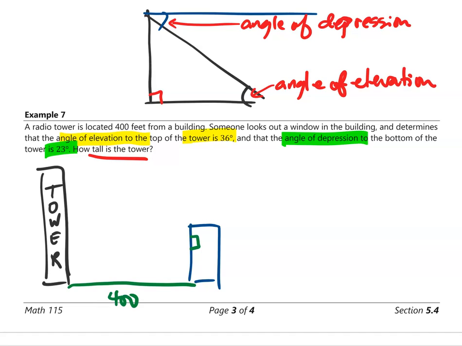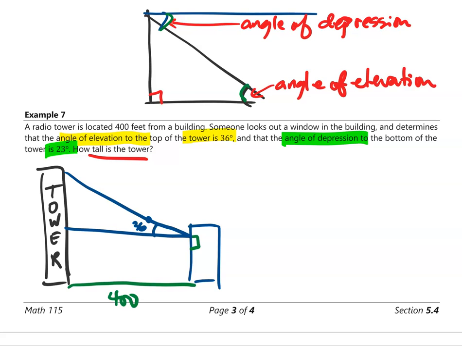So let's say this is the window, and determines that the angle of elevation. So by the way, this is an example. This is an angle of elevation, and this is the angle of depression. So let's say from this window, angle of elevation to the top of the tower is 36 degrees. So from here to the top is 36 degrees.